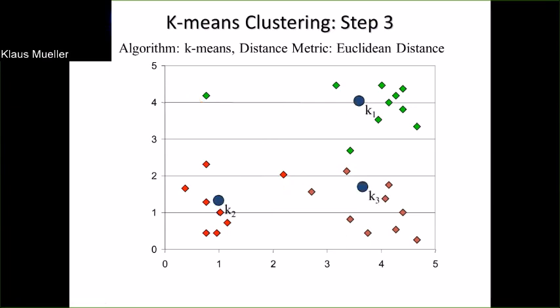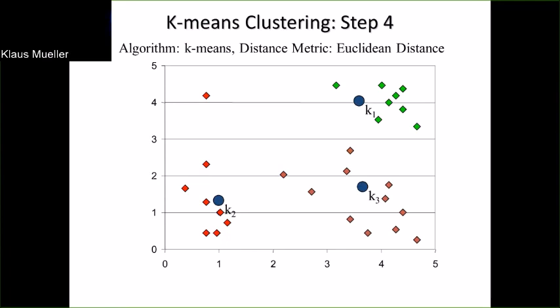Now I have a new cluster center, and I'm going to look at the points again and see: is this point really close to k1 or is it close to k3? So I'm computing the membership of each point to the new cluster centers. I keep doing this until I don't improve my layout anymore.